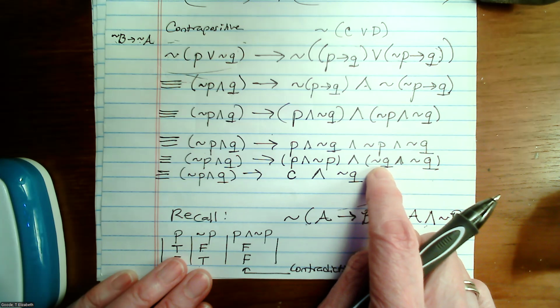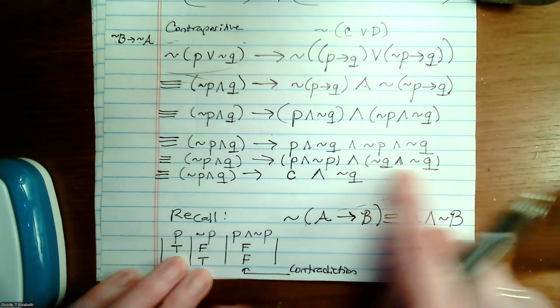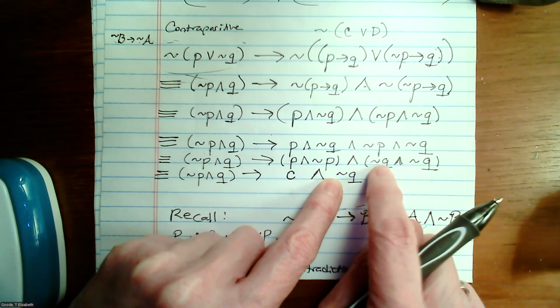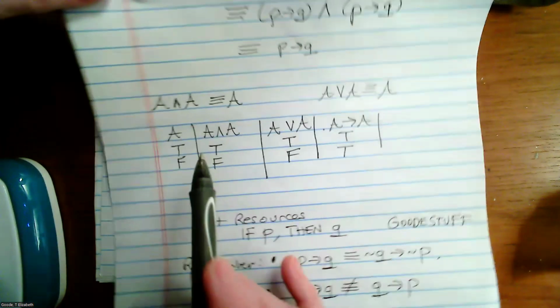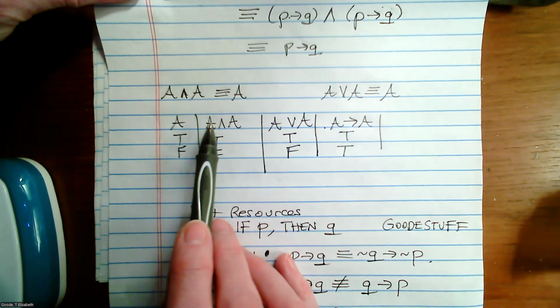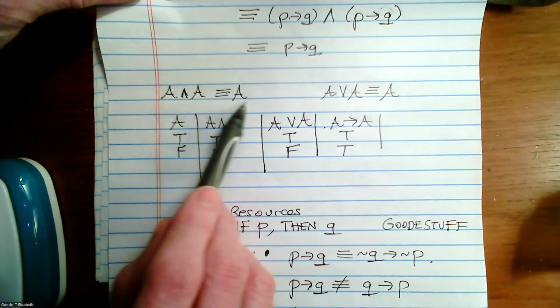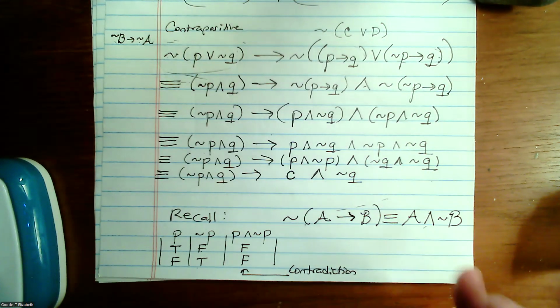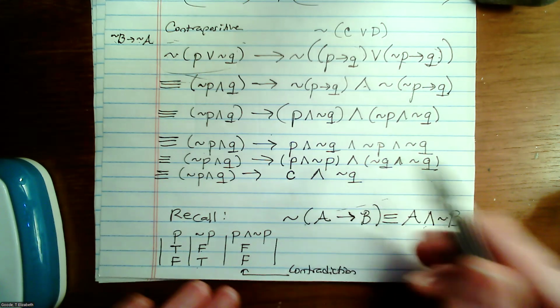Not Q will be true when Q is false. So this will have two truth values. But when we AND it with itself, we don't get anything other than we would get if we just had itself. Remember? We did that with just a generic variable A ANDed with A. It's the same thing as A. Doesn't matter if that A happens to be not Q or something else. Anything ANDed with itself is just itself.